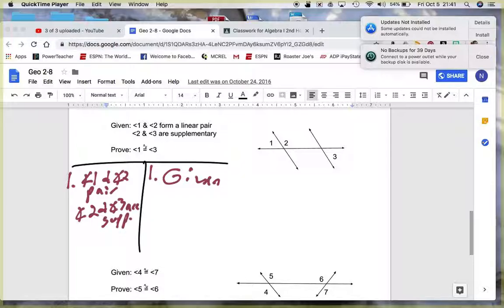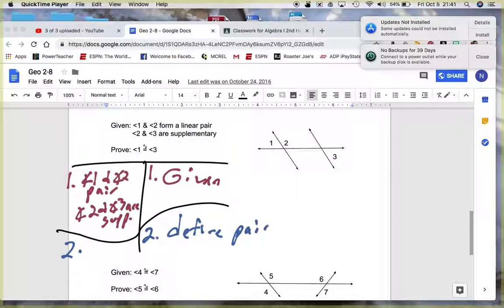Okay? Step 2, once again, is to define the words. In this case, I'm going to do it twice, so let's define pair. I'm too lazy to write linear pairs. So once again, that means angle 1 plus angle 2 equal 180.